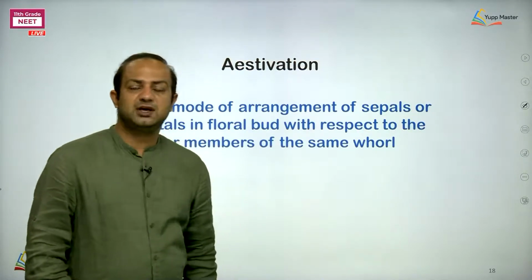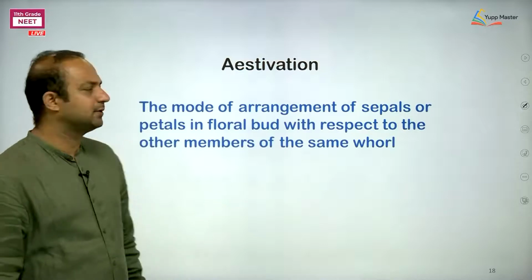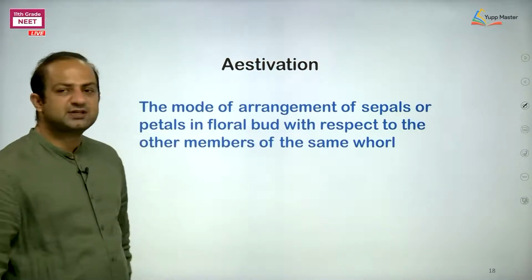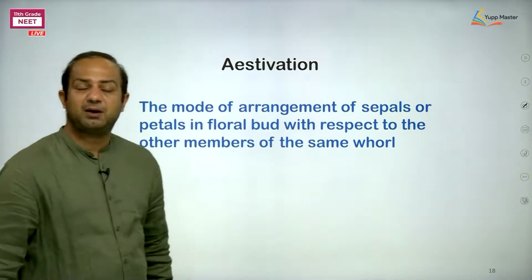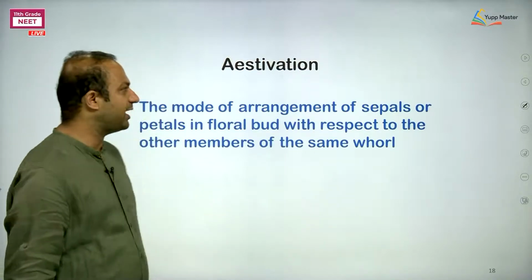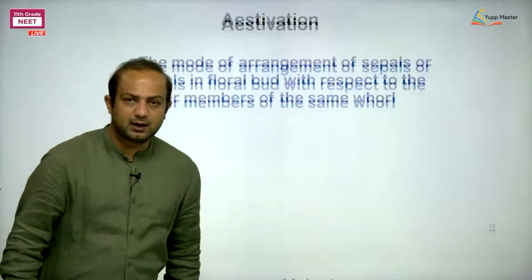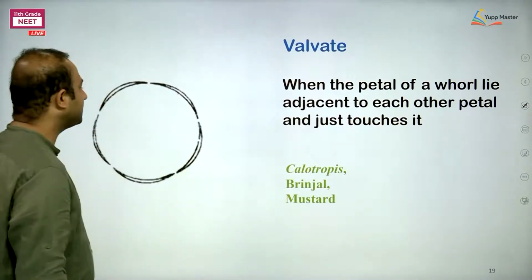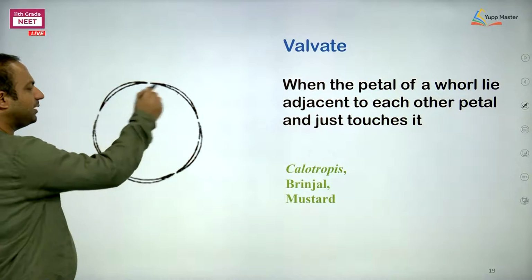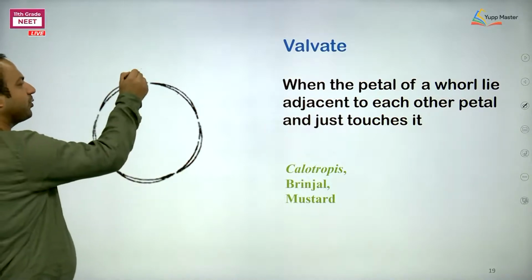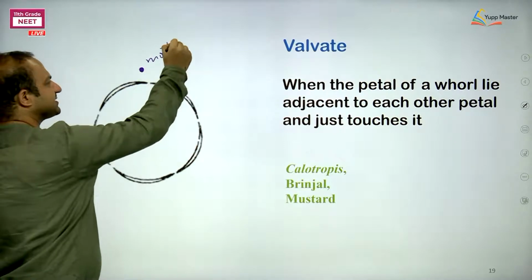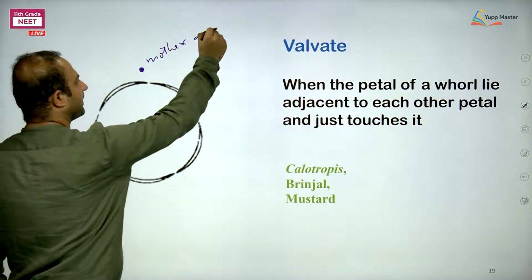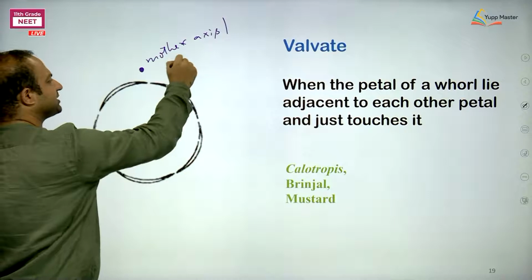Here in morphology, aestivation means the mode of arrangement of sepals or petals in the floral bud with respect to the other members of the same whorl. That is called aestivation. Let us see what we are going to have here. This is the example, petal 1, 2, 3, 4, 5. I am going to put a dot over here. Now what it is showing, this is mother axis, or you can say posterior side of the flower.